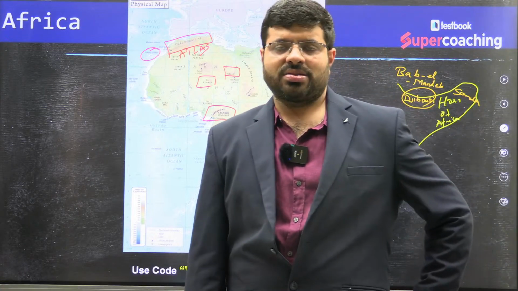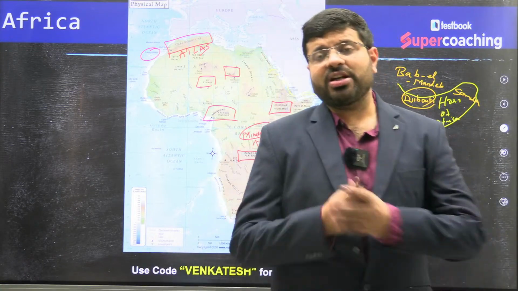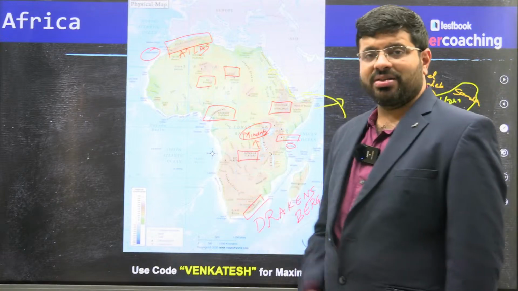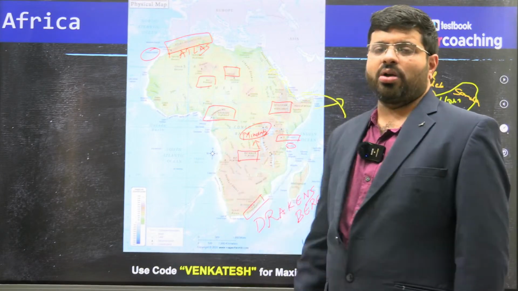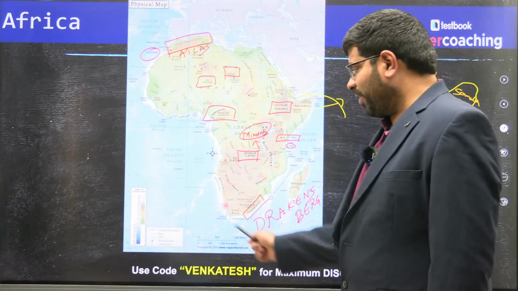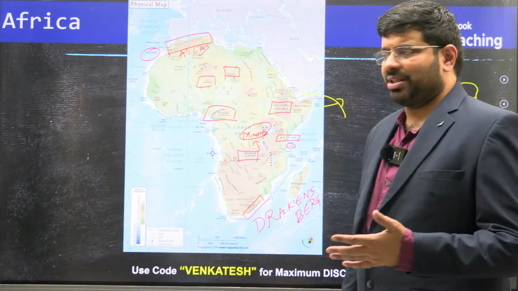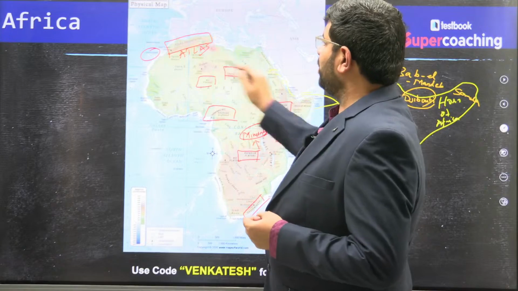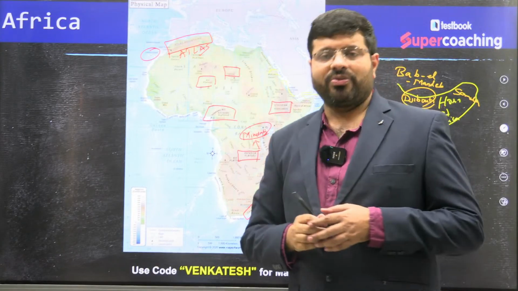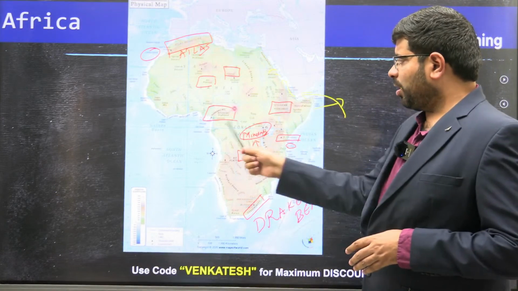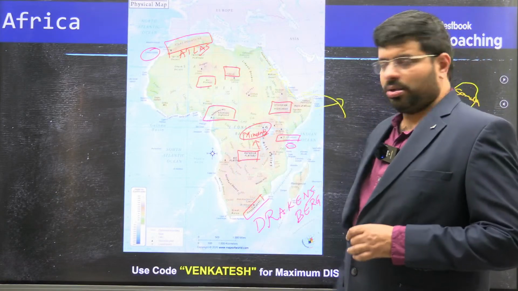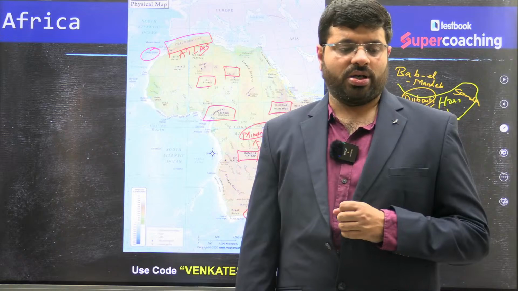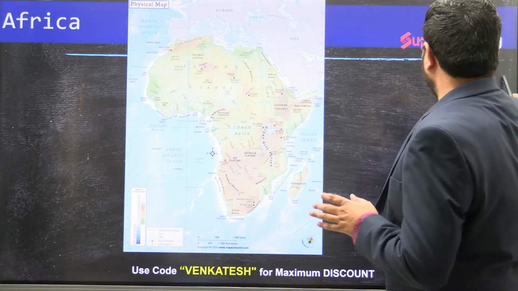There is significant talk about the utility of its vast mineral resources, be it the copper of the Congo Basin around the Katanga Plateau, the diamonds of Africa, or the oil available in the northern part, Libya and all. Copper, diamonds and oil are some of the prominent minerals available in the African continent.